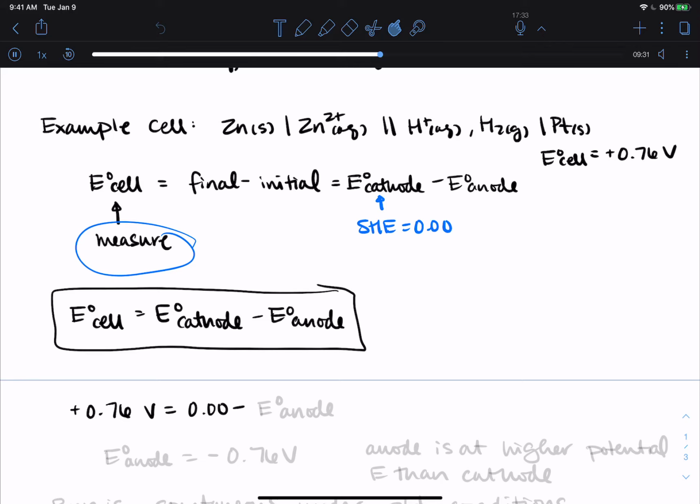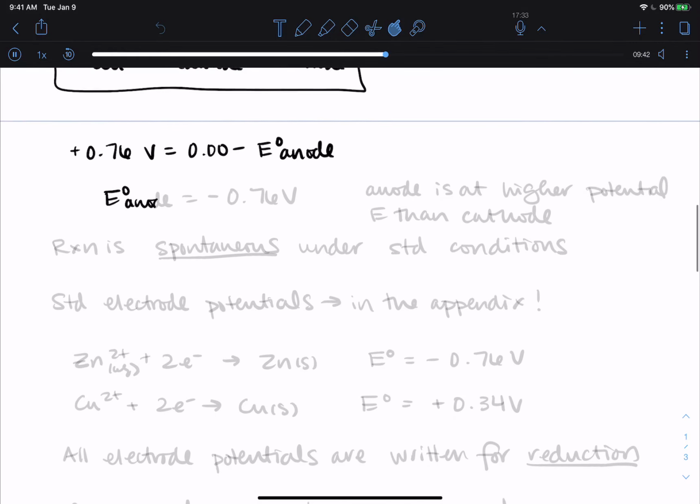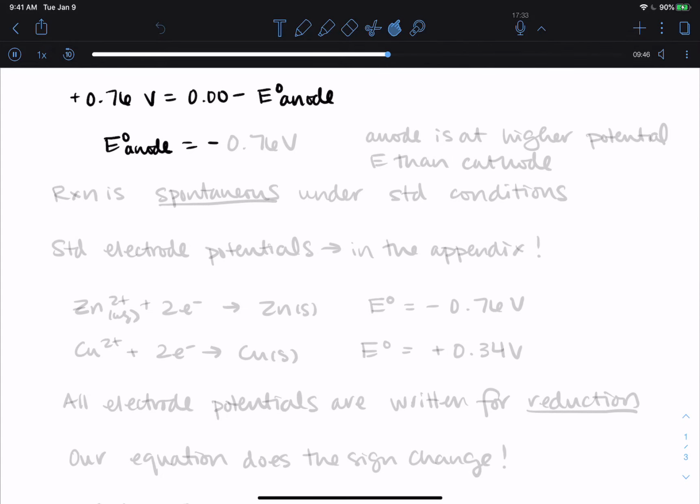The cathode, as our standard, is what we're setting equal to 0. So if we solve for the potential of the anode relative to our standard, we get negative 0.76 volts. So what this is telling us, a couple of things.